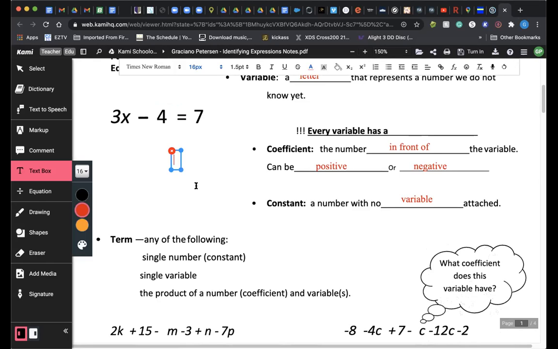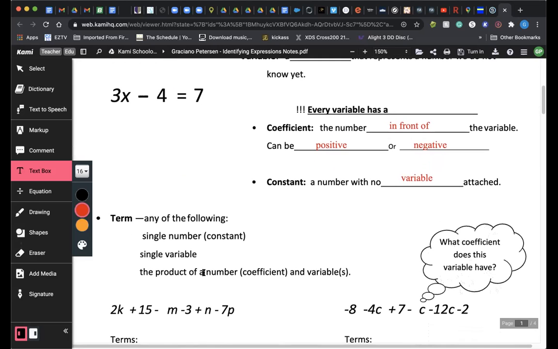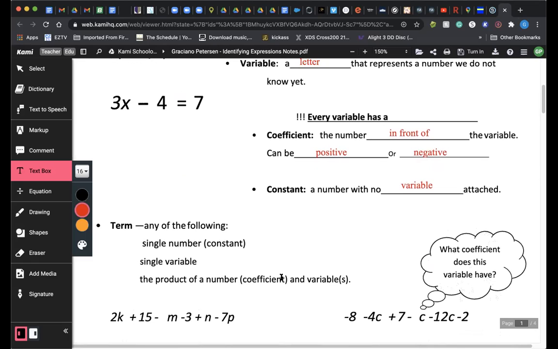A term can also be a single variable, like x by itself, or 3x, the product of a number and a variable.